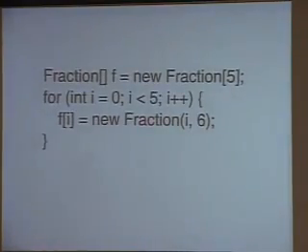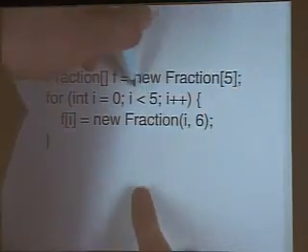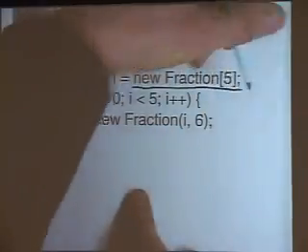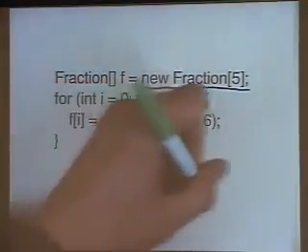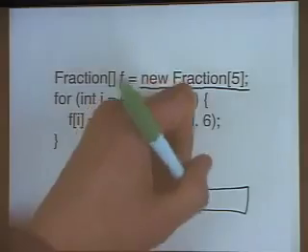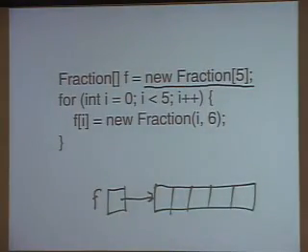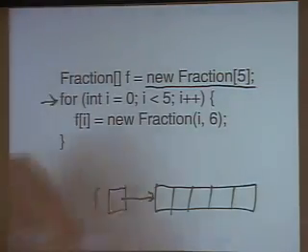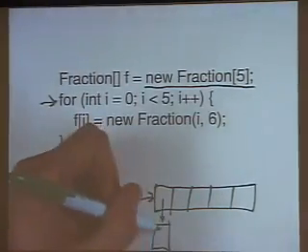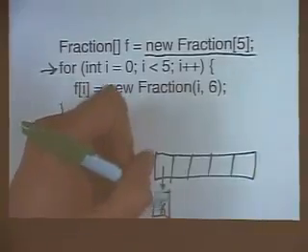So here's the code we care about, though, and we are creating a new array of 5 fractions, and what that does is it just creates the array of 5 fraction references. And it's up to you, if you want actual fraction objects, to write a loop that goes through and creates all those fraction objects one by one.